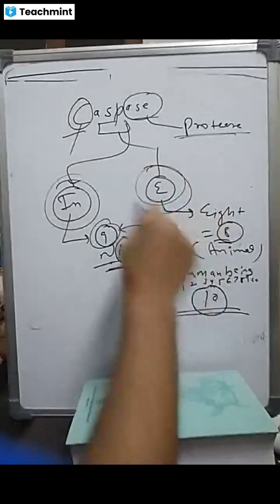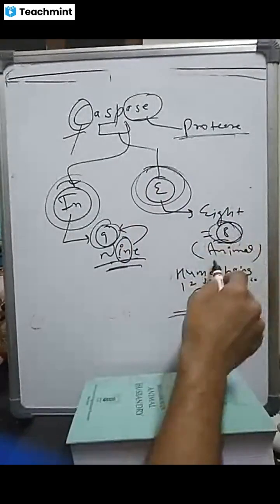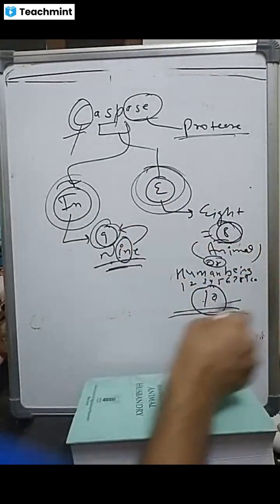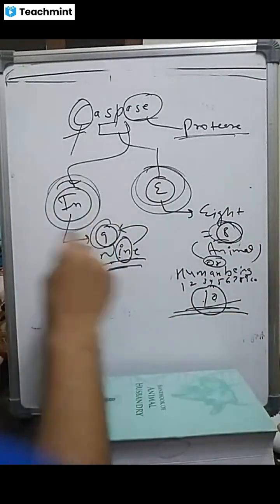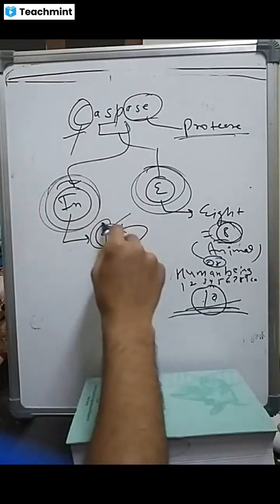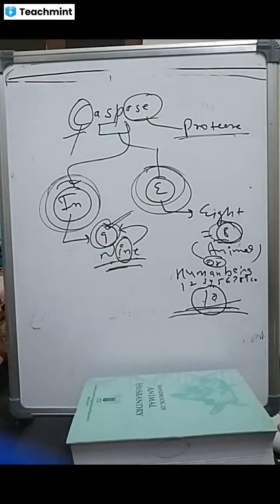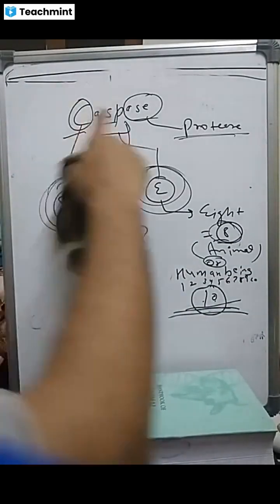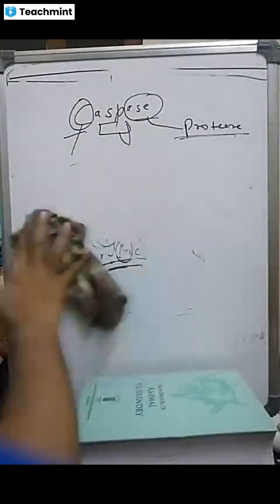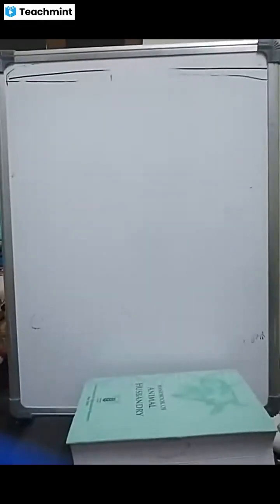So for the extrinsic pathway, remember 8 or 10. For the intrinsic pathway, only remember 9. What are caspases? They are enzymes cutting at the aspartic acid residue.